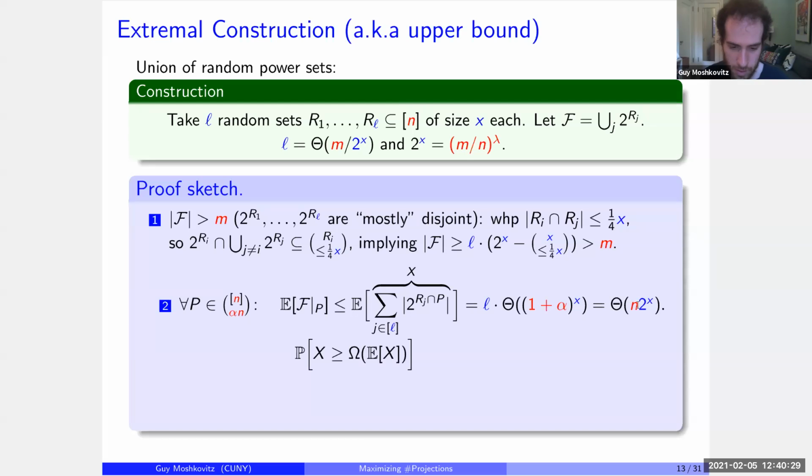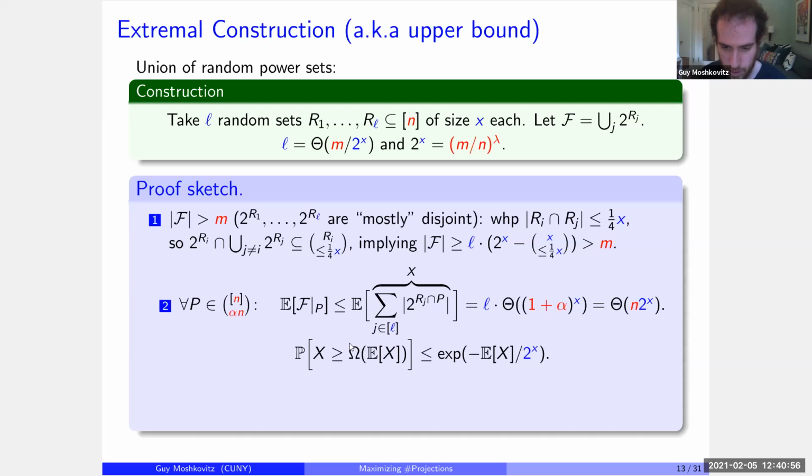But now if you use the following easy inequality, which is a slight generalization of Chernoff's bound, the inequality says that if you have a random variable X, which is the sum of independent random variables, then the probability that it's, say, at least 10 times its expectation is exponentially small in the expectation, normalized by the maximum of each random variable.